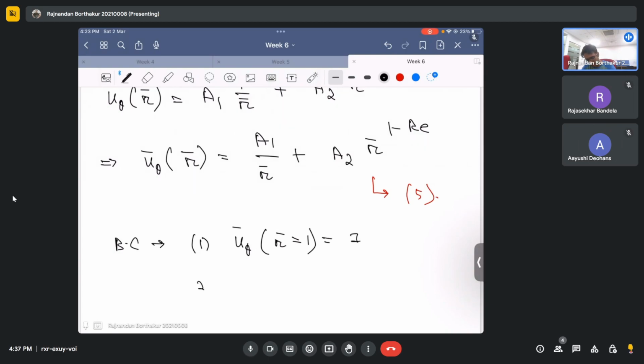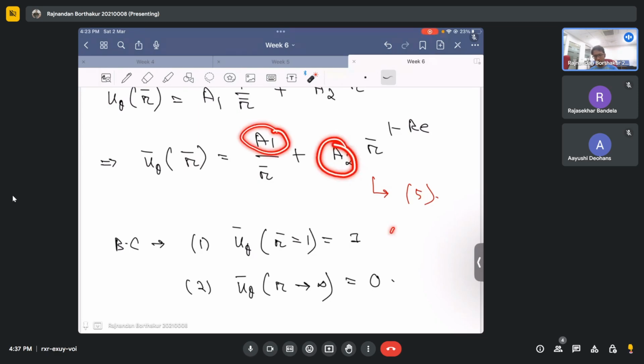And the second boundary condition is u theta bar when r bar goes to infinity is 0. All right. So now, can we uniquely get these constants a1 and a2 just by using these two boundary conditions for an arbitrary Reynolds number?